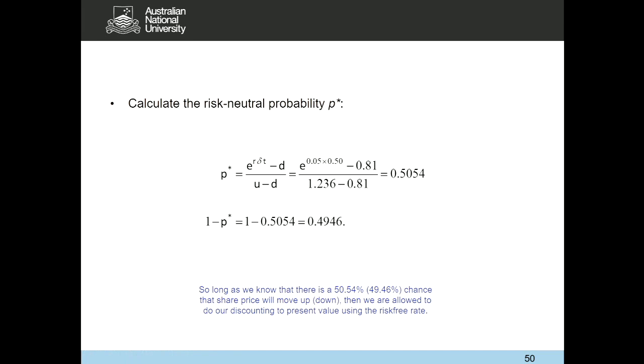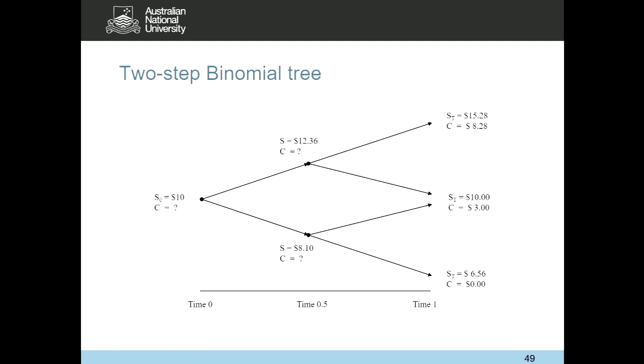Then the next step is to calculate your risk-neutral probability, right? So we learned this formula in a previous slide. The risk-free rate is 5%. And remember, delta t here represents the time horizon for each step. A lot of people try to plug in the time to maturity of the option as delta t. That is wrong. The delta t here is the time horizon of each step.